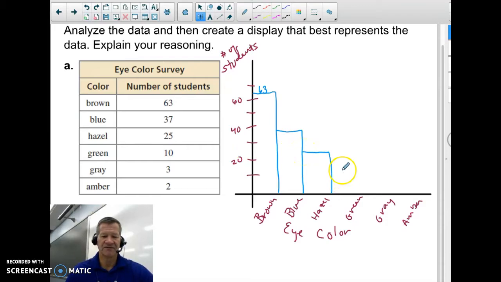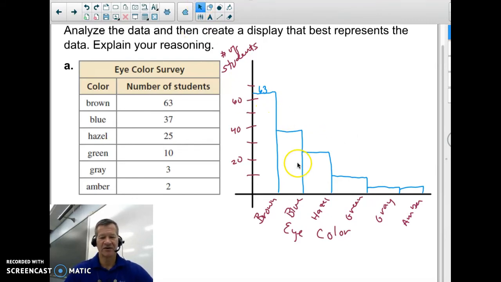Then green, we have just 10, so that's way down here. Gray, we have about 3, so that's way, way down. And then just a measly 2 had amber. And there you have it. So we have a bar graph. And again, another way to have compared that data would have been to make a circle graph.